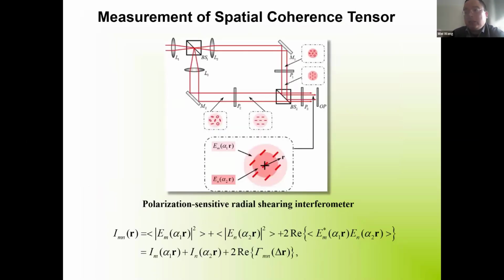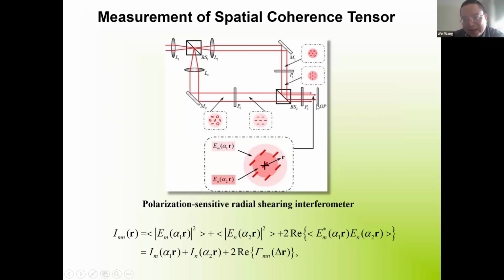Let's go one more step to see how we can measure the spatial coherence tensor. This shows the proposed setup. Basically, this is a polarization-sensitive radial shearing interferometer. For these two beams, we introduce different radial shearing, and for each beam we select different polarization states.